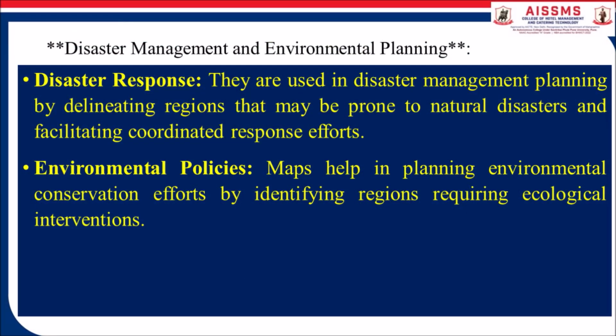Further, the political maps can also be useful for disaster management and for environmental planning. They are used in disaster management planning by delineating the regions that may be prone to natural disasters and facilitating the coordinated response or the efforts which are needed to take care of the disaster.